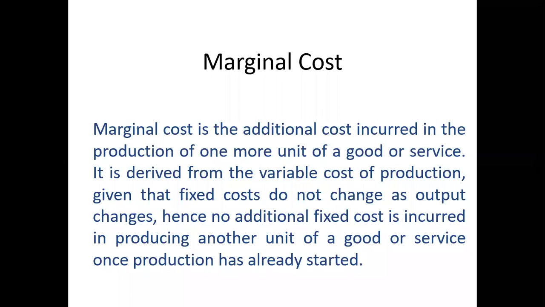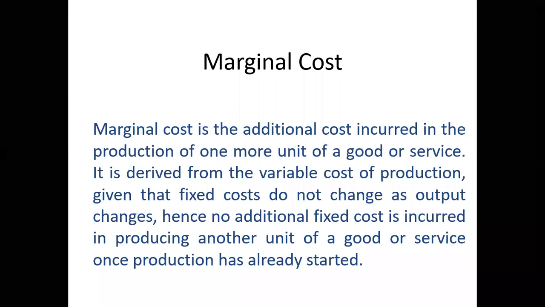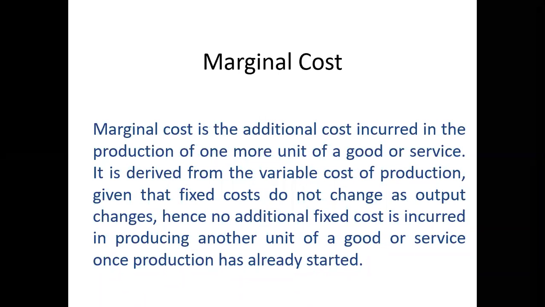Whenever we discuss cost, all the costs are related to the production process of an individual or of a producer. Cost means you have a certain amount of expenditures, and your expenditures increase when your production increases.